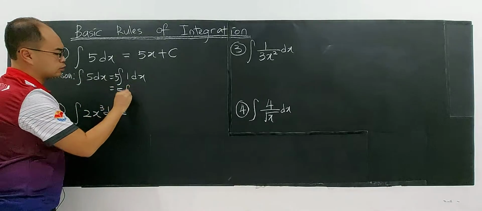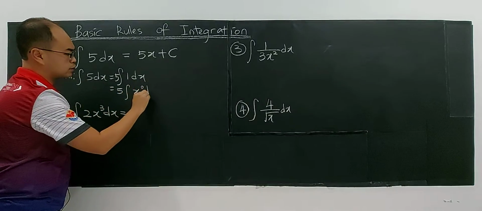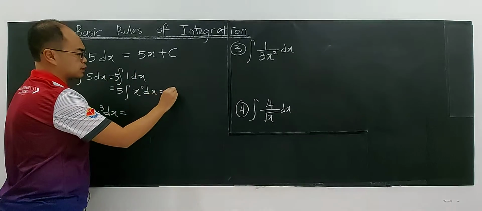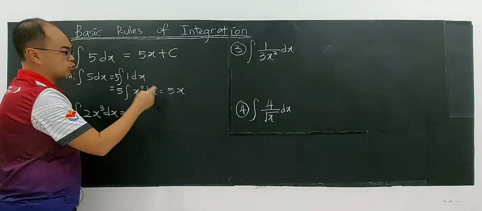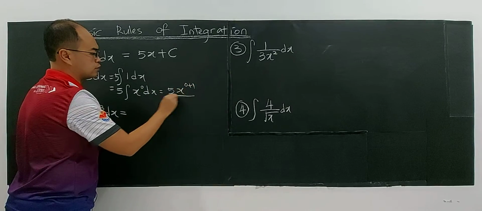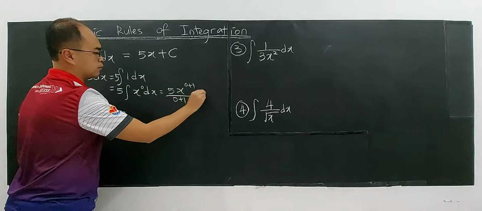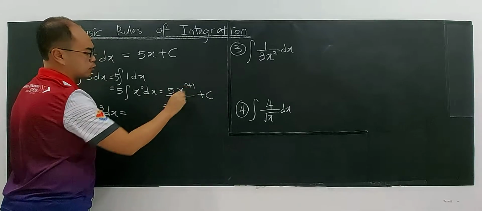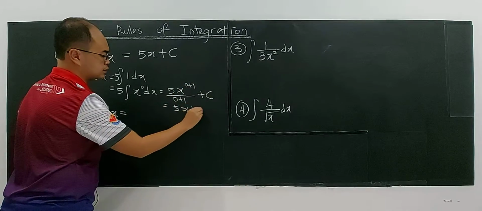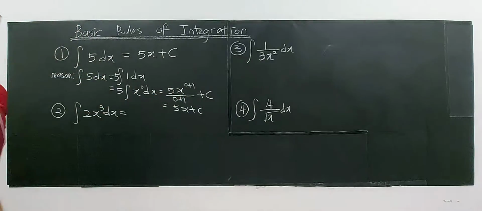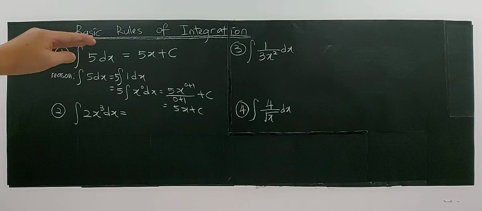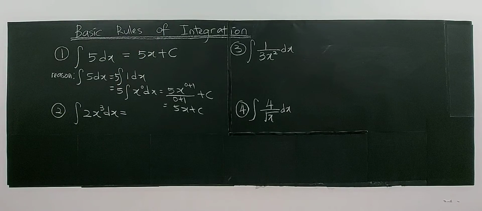And 1 is actually x to the power of 0, because x to the power 0 represents 1. So you get 5 times x to the power of 0 plus 1, divided by 0 plus 1, plus c. That's why you get 5x plus c. But you can just go simple: integrate a constant and you get 5x plus c.